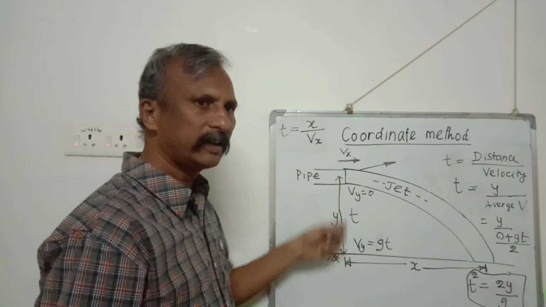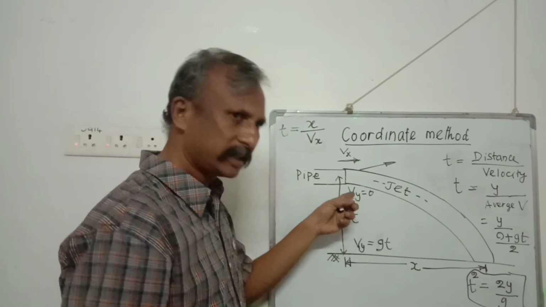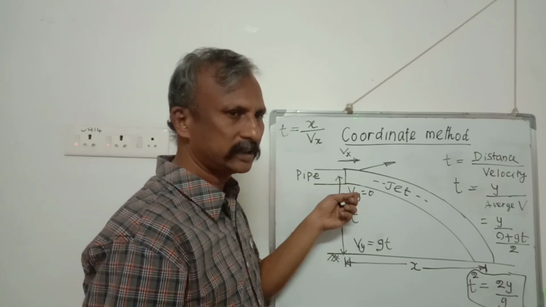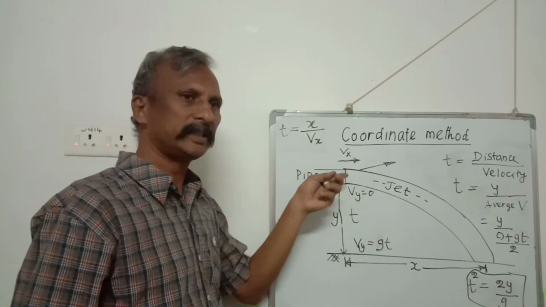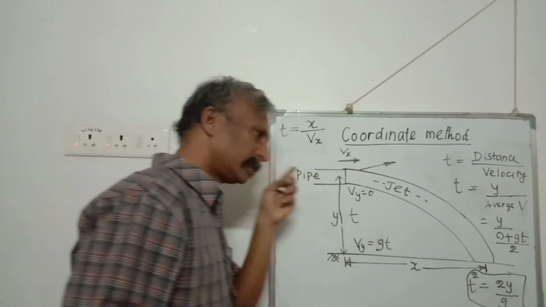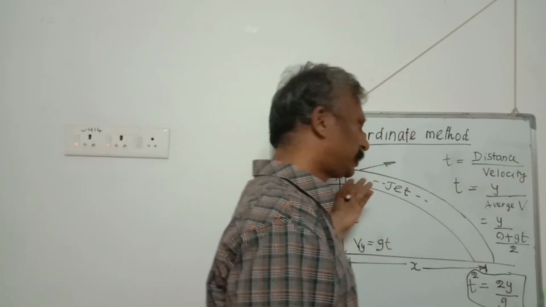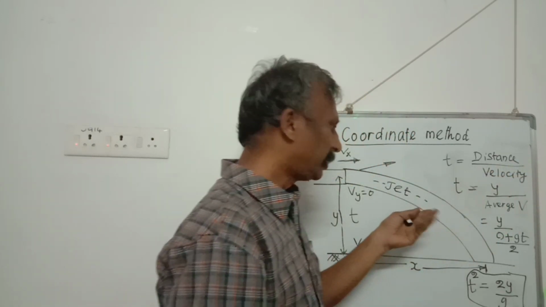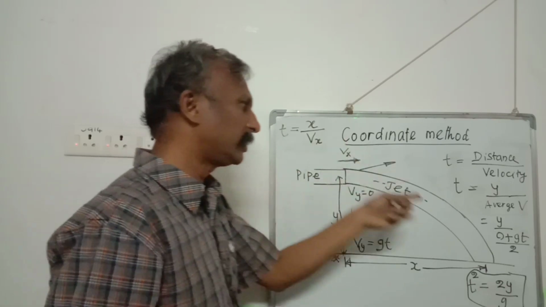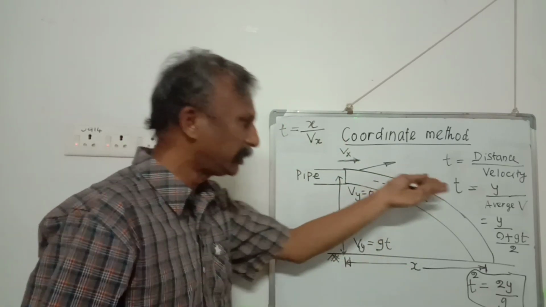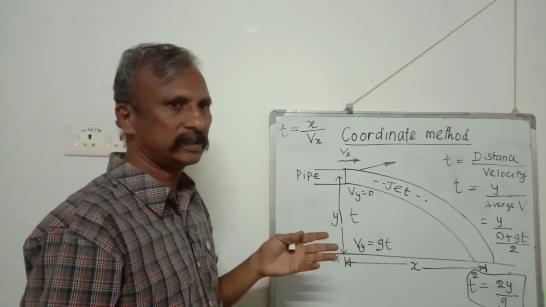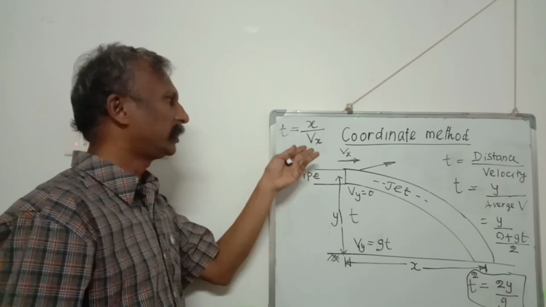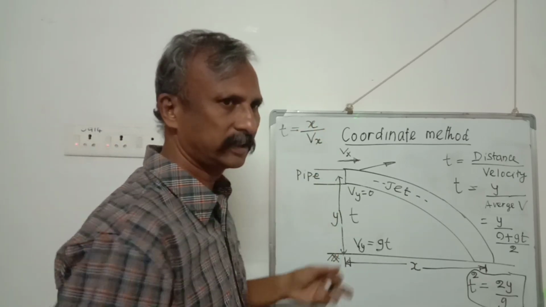In the vertical fall, the velocity was not constant. It started with 0 velocity and ended with gt. In the horizontal case, the horizontal velocity remains the same. Of course, there would be a horizontal velocity decrease because of air resistance, and since we assume air resistance to be 0, we can take Vx to be constant here.